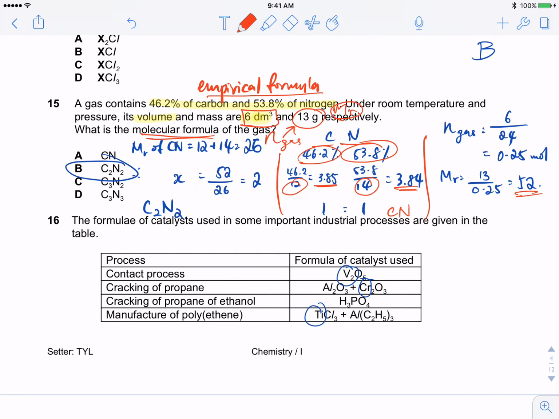The Mr of CN is 12 plus 14, which gives us 26. Then take the Mr you found just now, 52, divide by 26, you get 2. Hence the formula is C2N2.